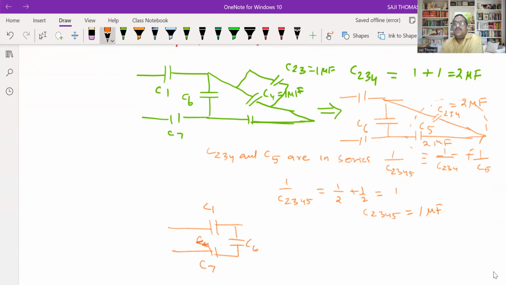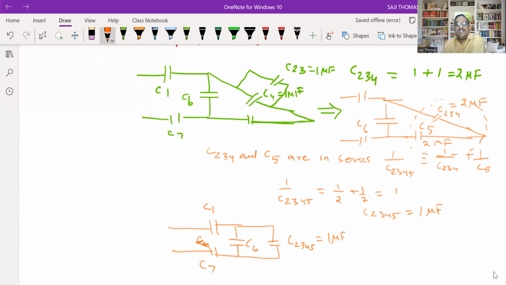Now you know C2345 you have to replace by this 1 microfarad capacitor. This is C2345, 1 microfarad. Now you can see this C6 and C2345 are in parallel.